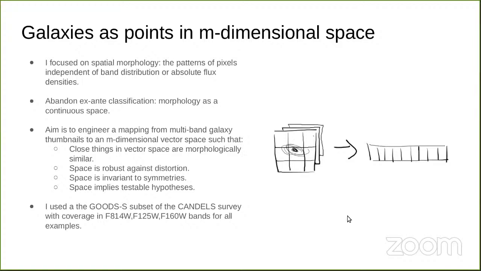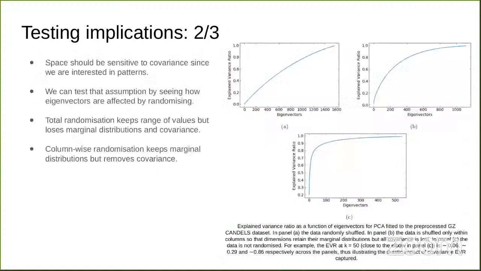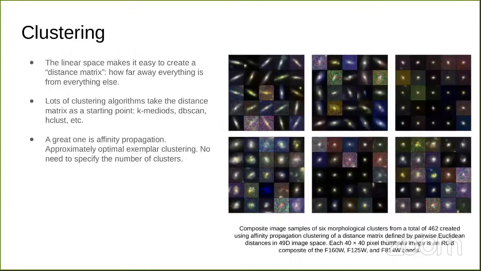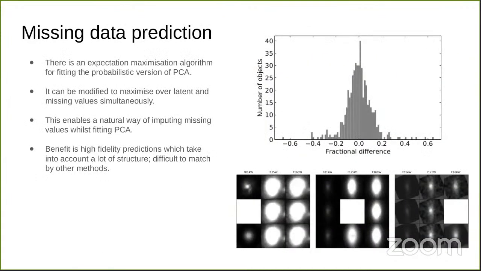Okay, I see. So if you have, for example, two images in two bands, you can predict the missing band based on similar galaxies that have all three. Exactly, yeah. So you've got two big sources of information.